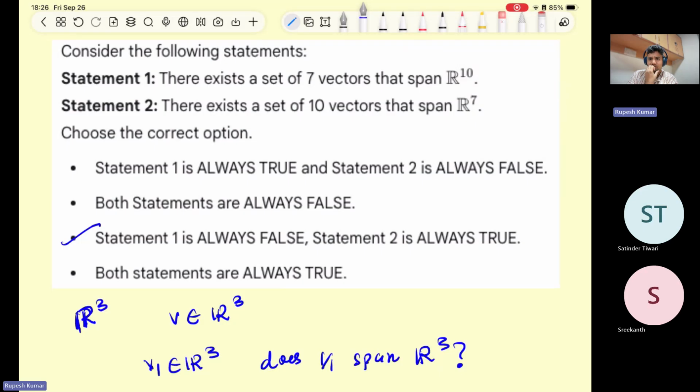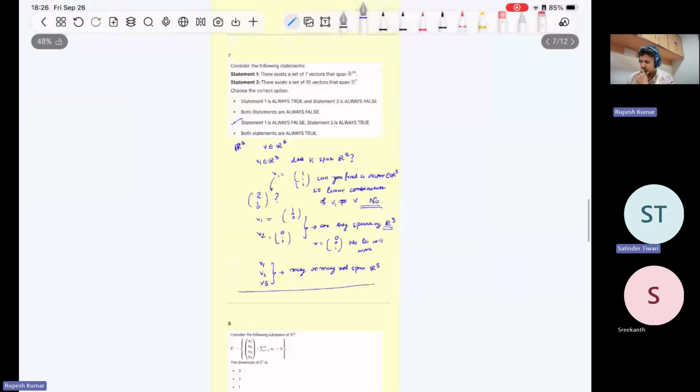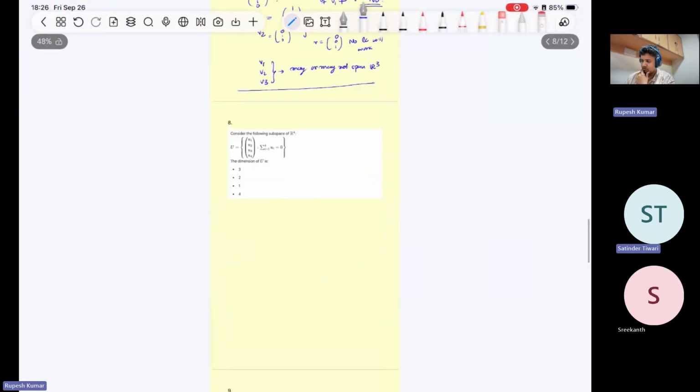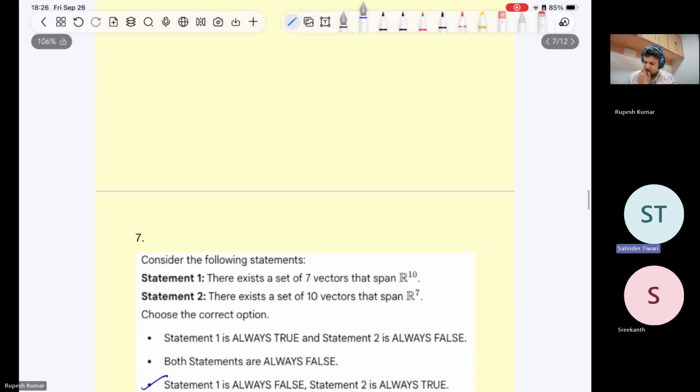What are you saying about zero? I don't get the problem. If I add a zero vector to V1 and V2, they form a linearly dependent set.